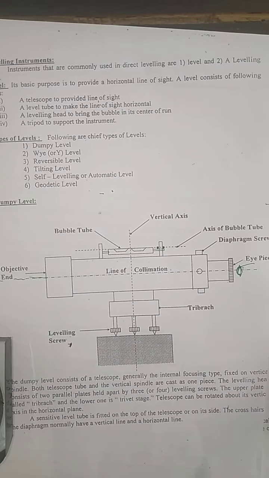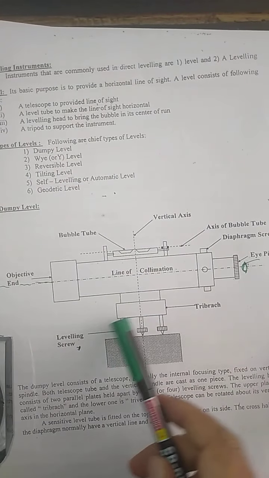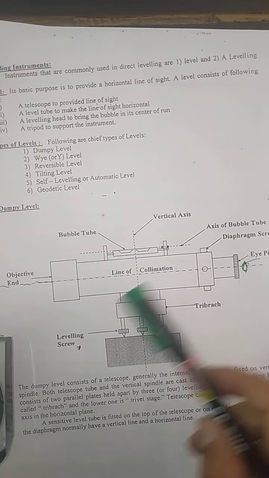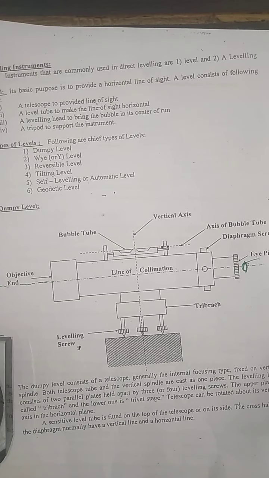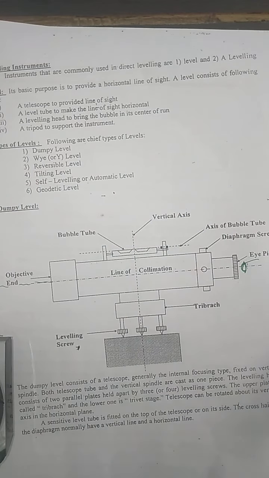So the basic thing when we are going to take the reading, right, the main thing we should have is the instrument should be properly centered and leveled on the tripod. If we do not maintain the line of sight horizontal, then we are going to make mistakes. Here, by using these leveling screws, right, the line of sight should be horizontal. If the line of sight is not horizontal, then we get faulty readings.